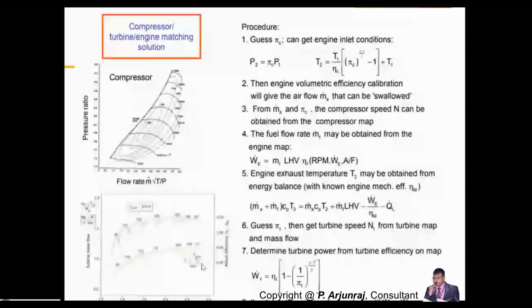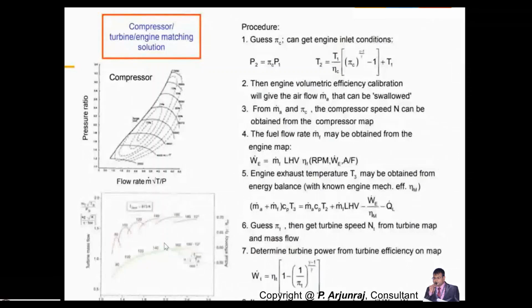And again, suppose you find the pressure ratio 1.8 and the mass flow rate as 1.5, then you need to select the actual efficiency considering the relationship between the compressor and the turbine, based on the temperature, the fuel flow rate, and the mass flow rate.